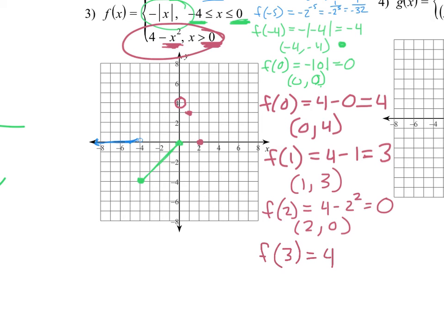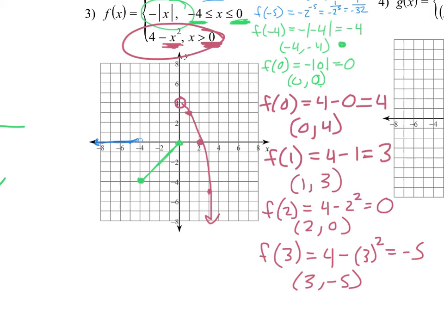So we have 4 minus 3 squared, which would be 4 minus 9, so this is negative 5. So we have 3, negative 5. So we can just put our line that way. So it's kind of like the ending of a parabola here.